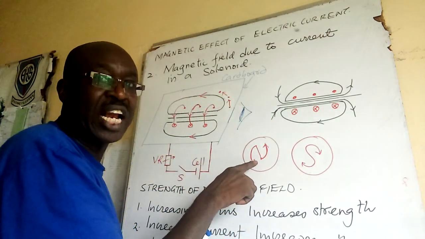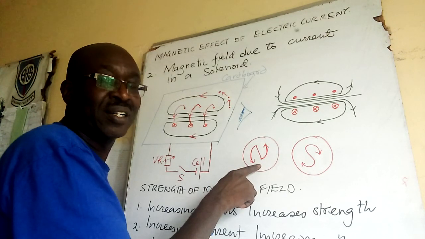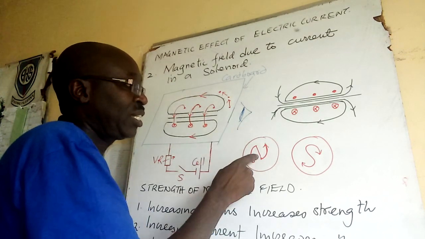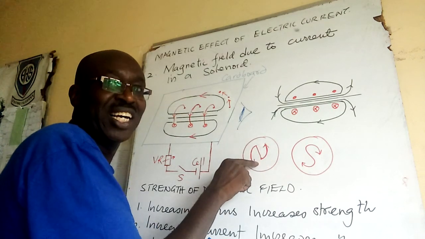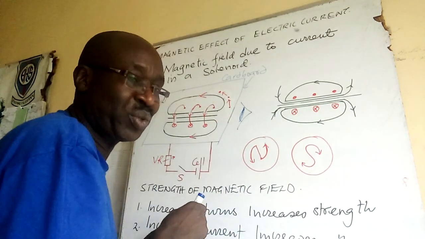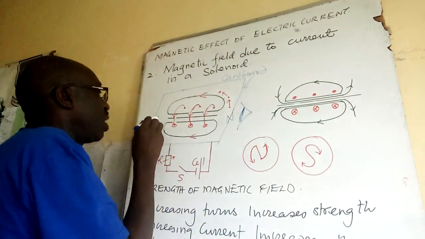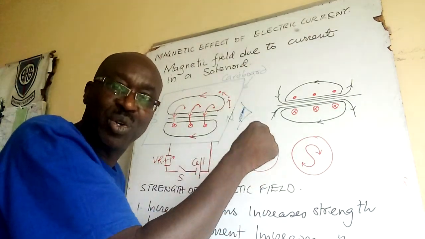So you put an anti-N like that. This is the way the current is coming up, going in. So this behaves like a north pole. Now this is south. Lines of force come from north to south.